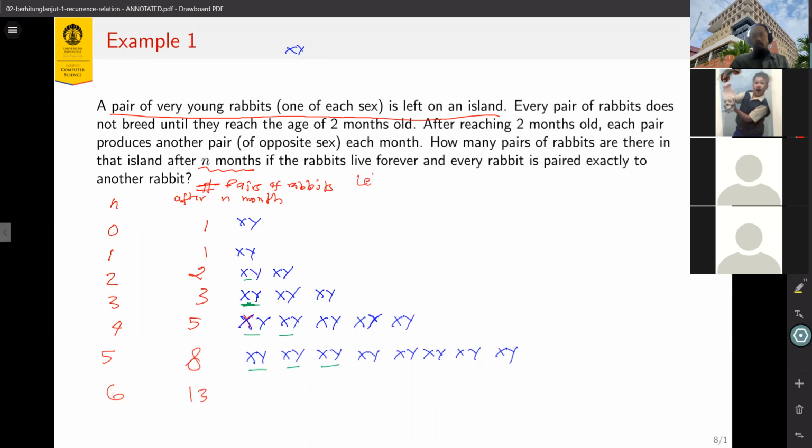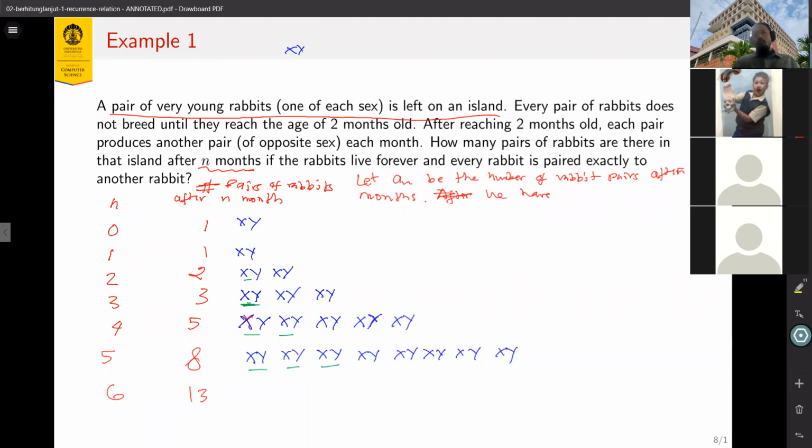So the argument is like this. Let a_n be the number of rabbit pairs after n months.